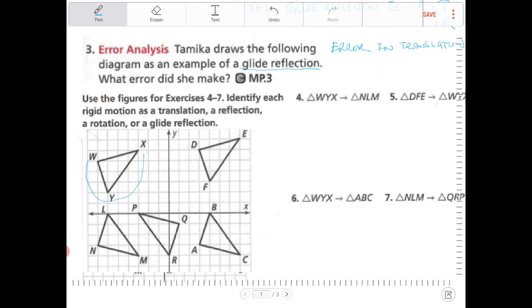Where is NLM? Oh, here we go. What we need to do is identify the rigid motion that took place here. The way in which we read this, W corresponds with N, Y corresponds with L, and X corresponds with M.